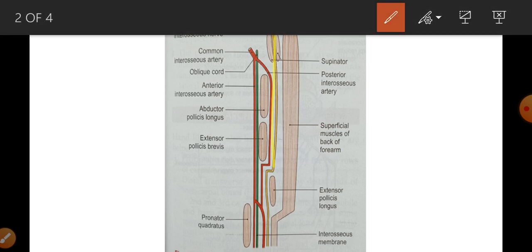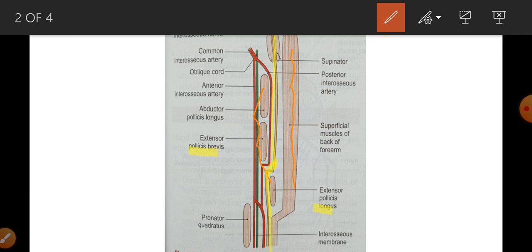Here it lies between the superficial set of muscles and the deep muscles at the lower border of the extensor pollicis brevis. So this is the extensor pollicis brevis. At its lower border, it runs deep to the extensor pollicis longus. So it runs like this. Then it runs on the posterior surface of the interosseous membrane.